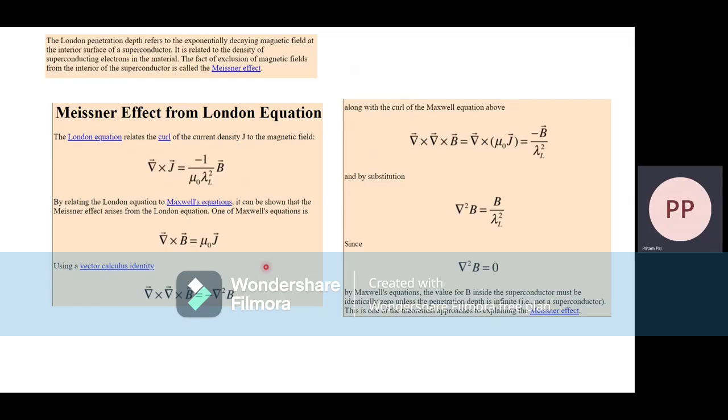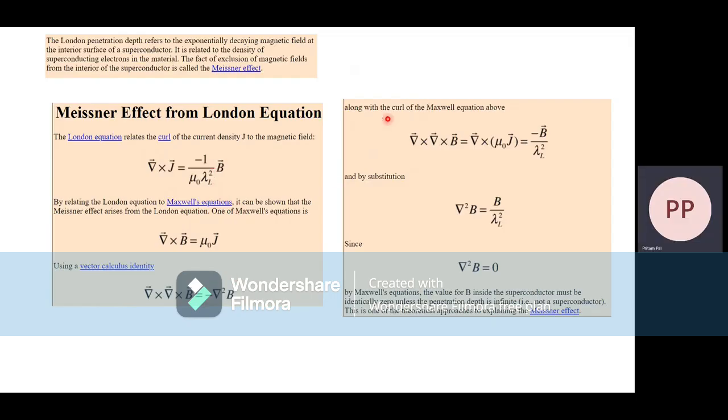Because from the London equation, we know the curl of J, which is how it is related to the magnetic field. But from Maxwell's equation, how J is related to the magnetic field is described by this equation. To compare them, we need to take the curl on both sides so that we can get the curl of J and convert it to the magnetic field.